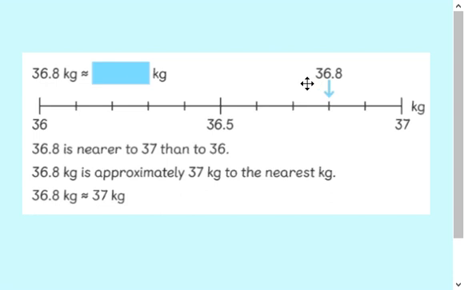Okay, and in this case, it's in between 36 and 37. On the number line, 36.8 is closer to 37 than it is to 36. So if we were going to round 36.8 to the nearest whole number, we would need to round it up.